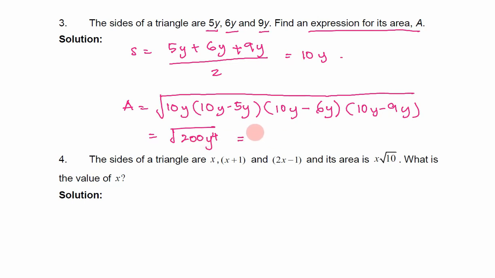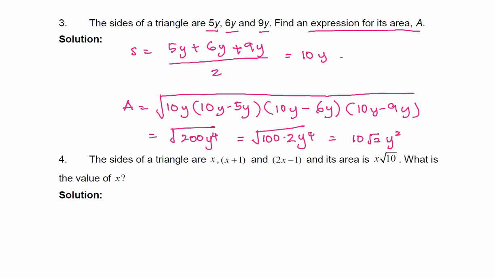Since this is 200, we know that 100 is the square from 10, so we can choose 100 times 2, which is equivalent to 200, and y power of 4. So simplify this, you get 10 square root of 2 y squared.